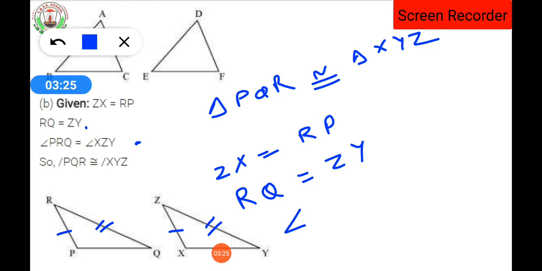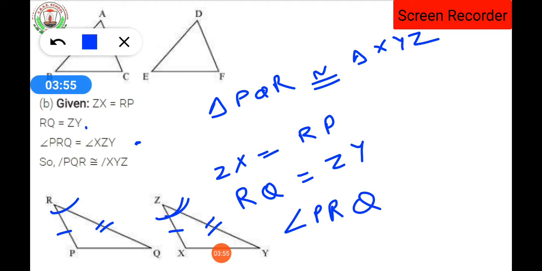Here it is given that angle PRQ is equal to angle XZY. PRQ means the angle made at the corner by the help of two sides, isn't it?